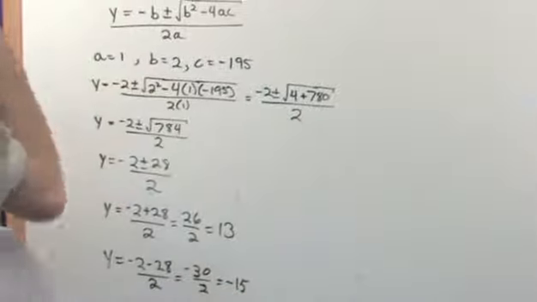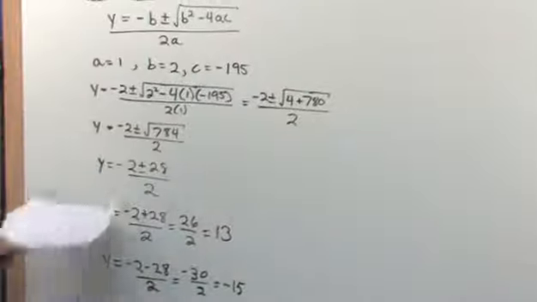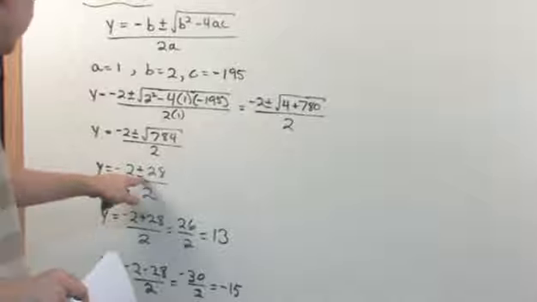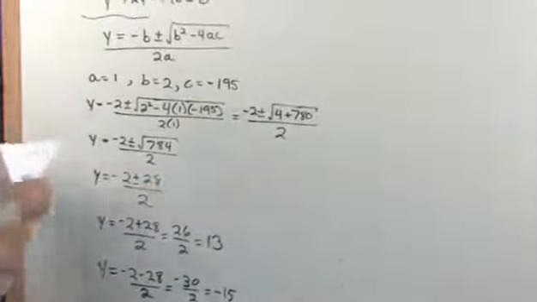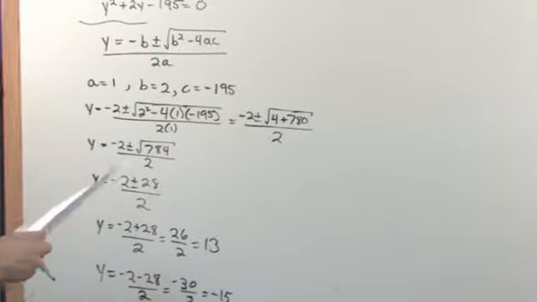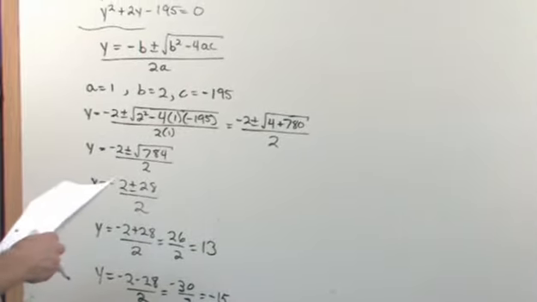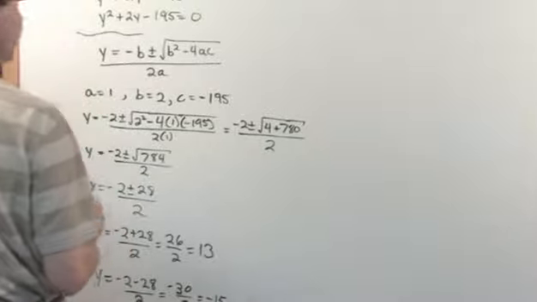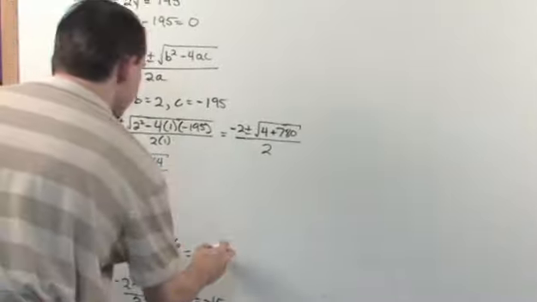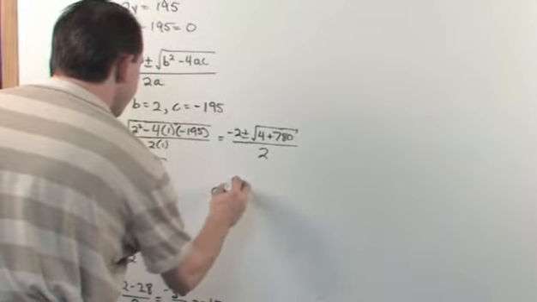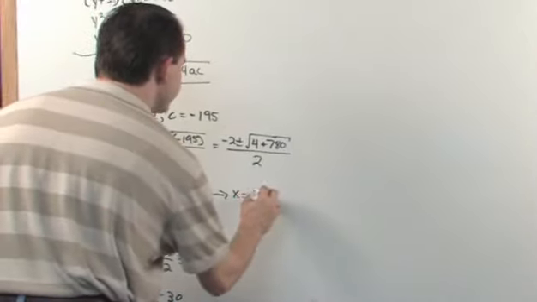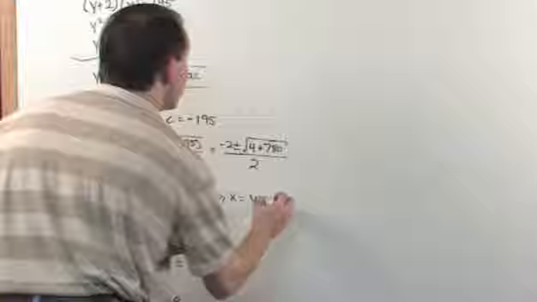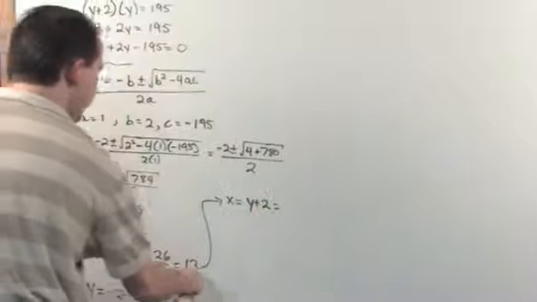So I get two values of y, which is what this is, by the way. That's why this quadratic formula has a plus and a minus, so you will always get two values. One value is positive 13, the other value is negative 15. Now let's find their corresponding values in x. So using this version here, x is going to equal y plus 2, which is going to equal 13 plus 2.